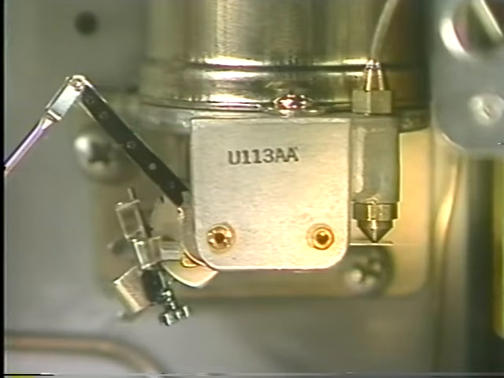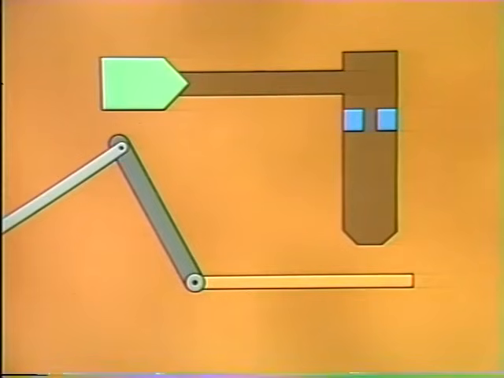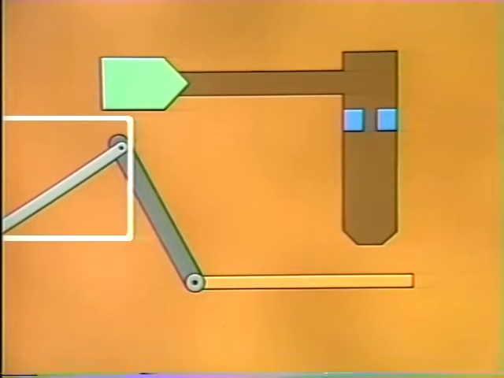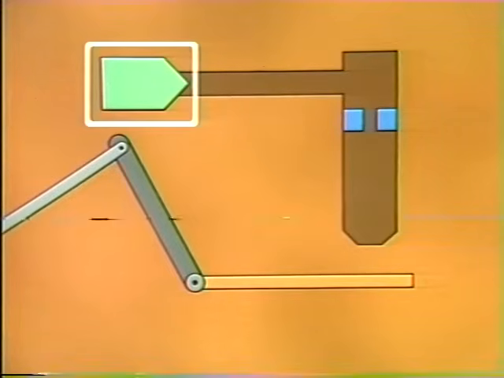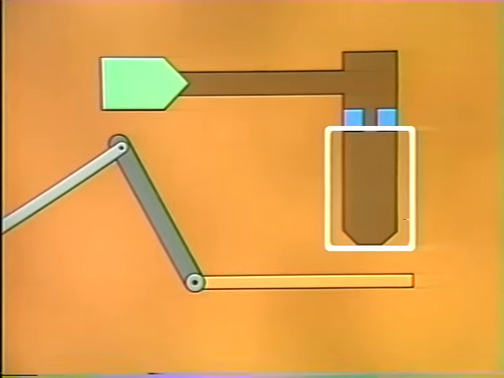Using a simple illustration, let's see how a typical flapper nozzle error detector mechanism works. First, let's identify the elements that are present in flapper nozzle mechanisms. They are a nozzle, the flapper, a link that connects the flapper to an input mechanism, an air supply, a fixed restriction, and a back pressure compartment.